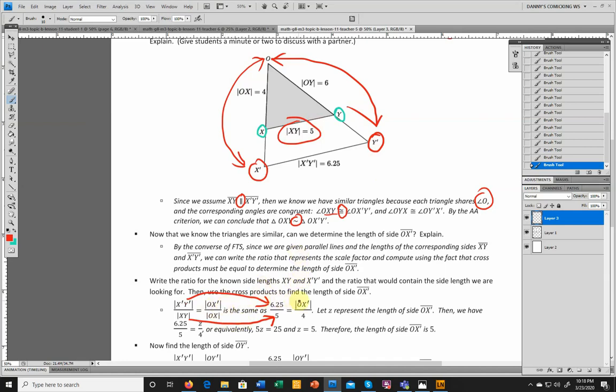OX prime, we don't know. It's an unknown. That can be our x. OX is 4. So instead of using x, since they used OX, that gets confusing, down here they use z.